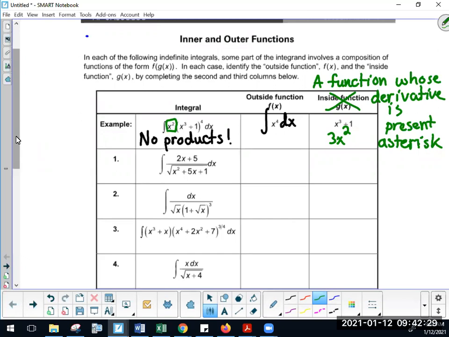All right. So when you looked at the second one, they talk about an outside function and an inside function. Actually, I'm just going to change the variables here to u.